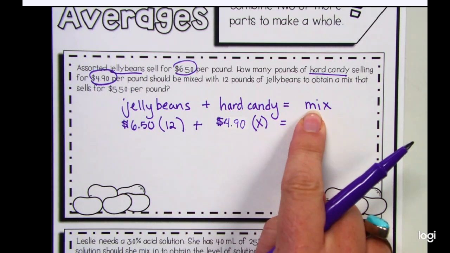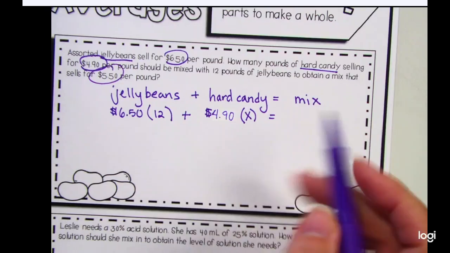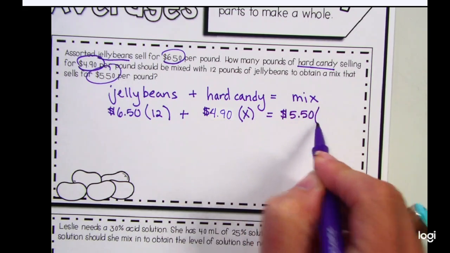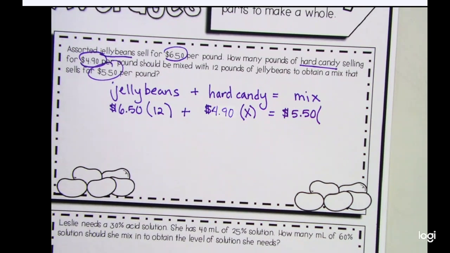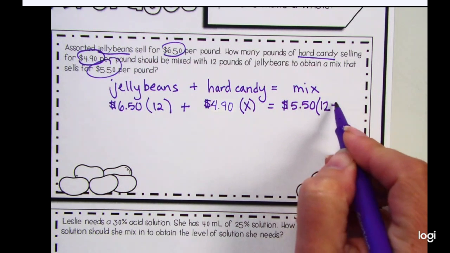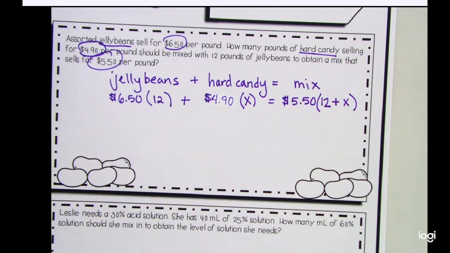And how much is our mix going to cost? This is where my 5.50 is coming in. Good. So I've got 5.50 times the how many pounds I'm getting, which I don't know because it's 12 plus, we have no idea how much.